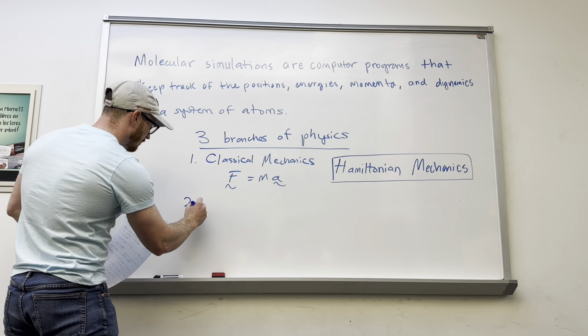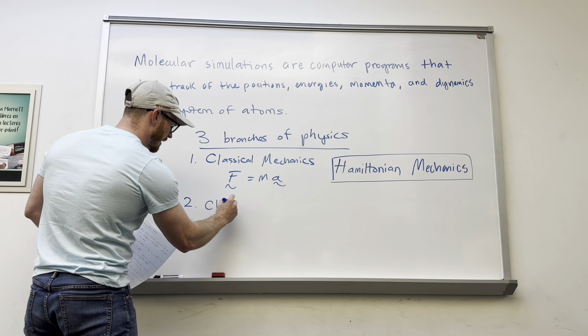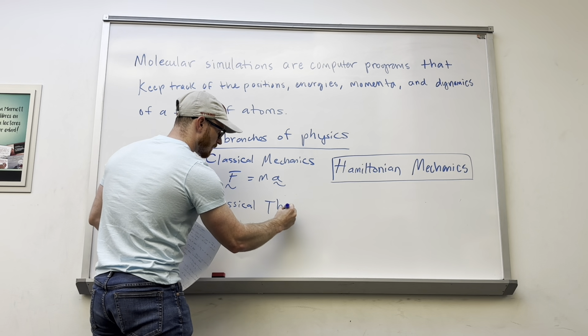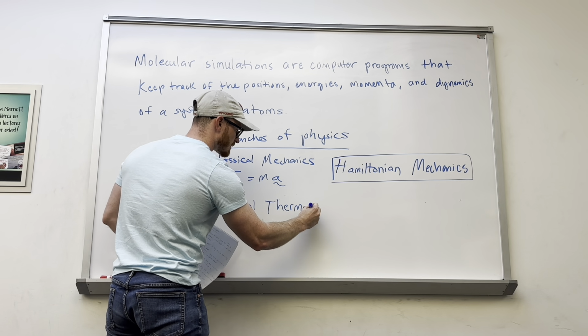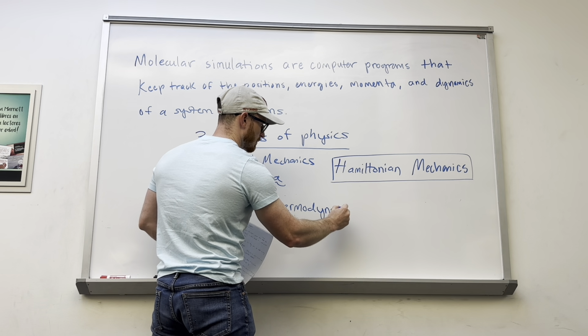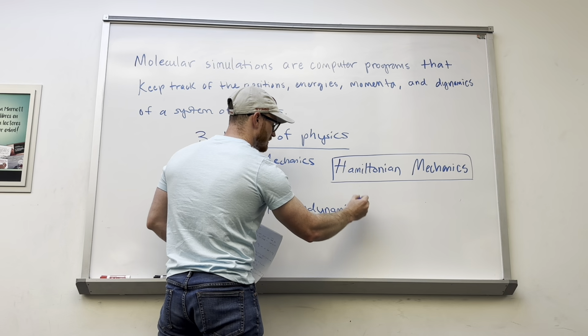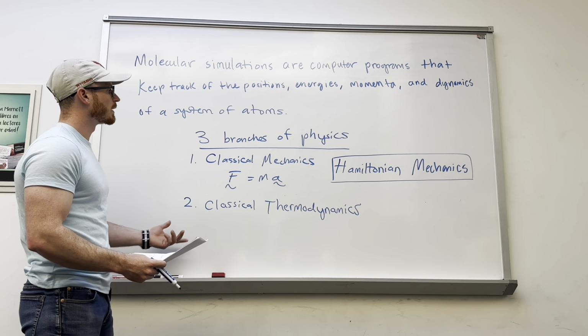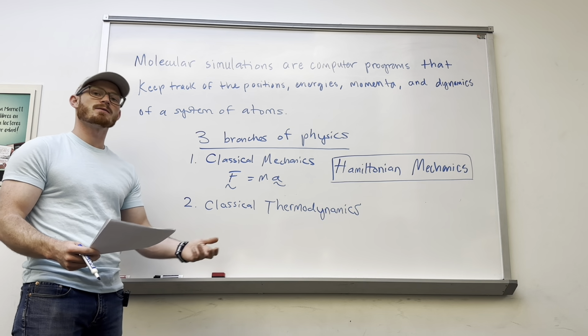The second important branch is classical thermodynamics. This is your conservation of energy, your first and second laws. So this is going to be really important when we're talking about the behavior of the system.